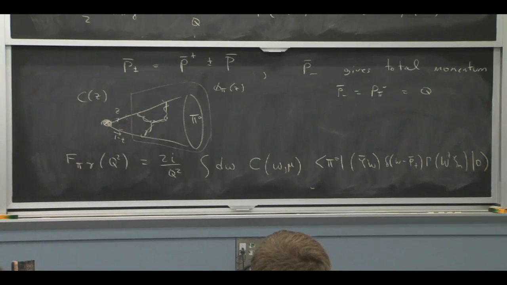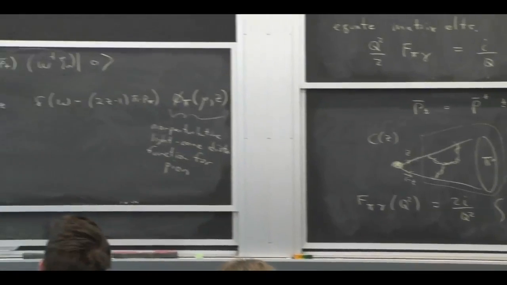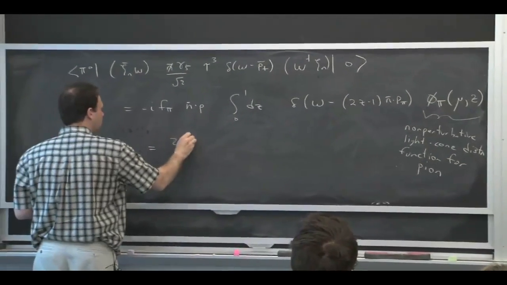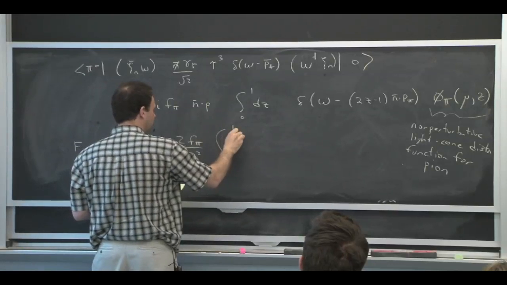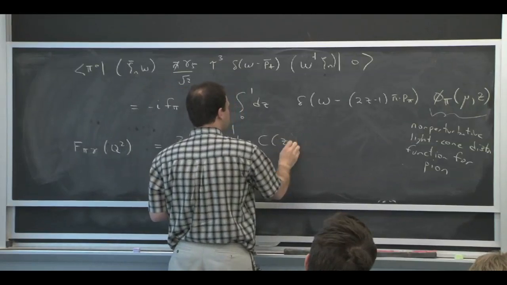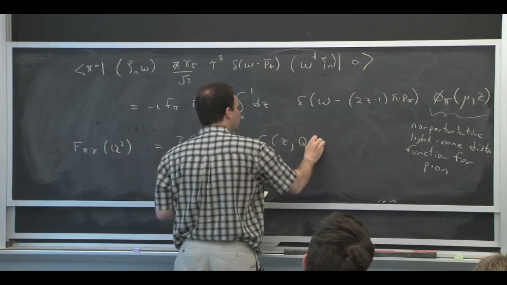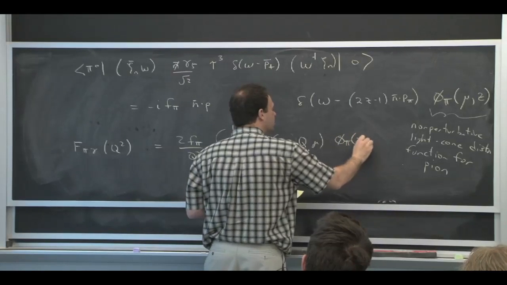Your final factorization theorem is exactly of that type: you have an integral of c of z, which can also depend on q and mu, and then phi pi of z and mu.